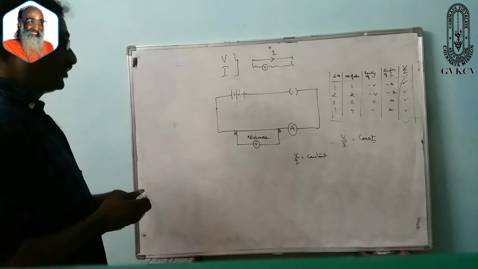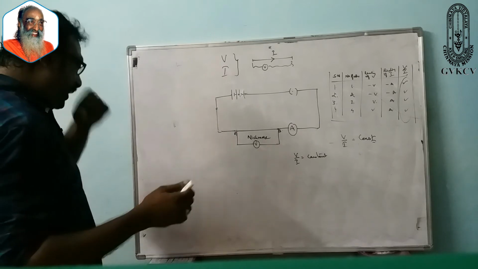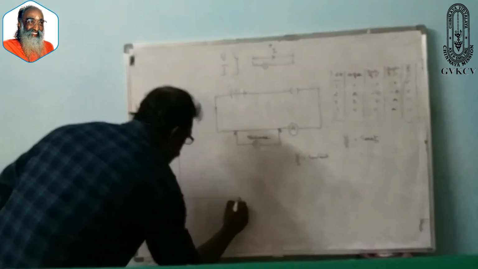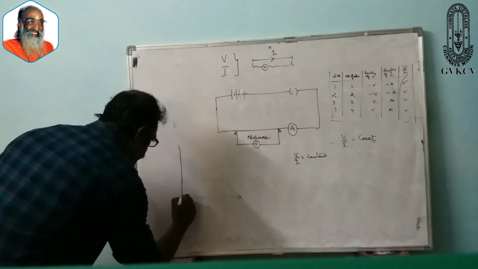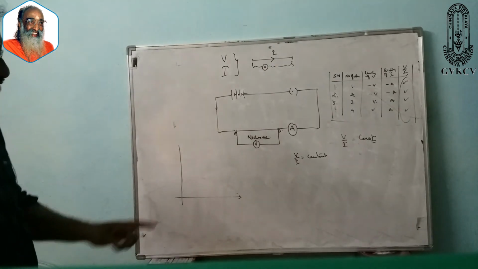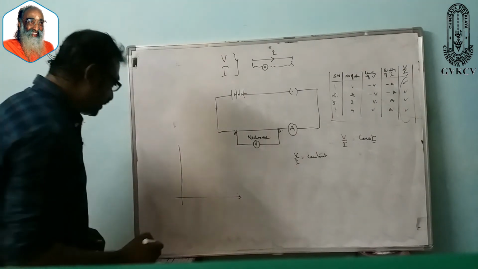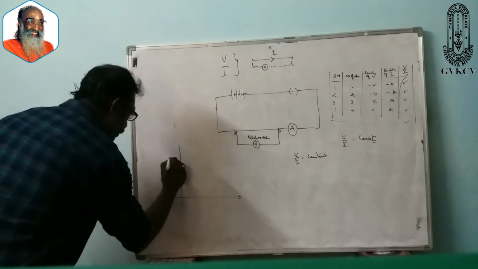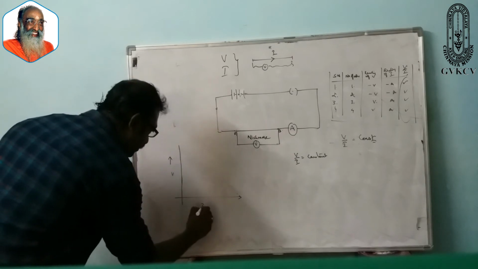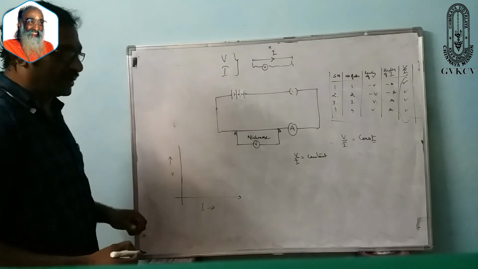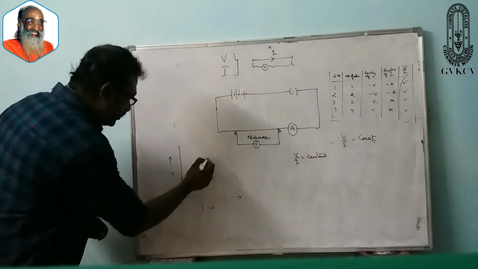Now if we take the graph of V and I values for this nichrome wire, with V taken on the y-axis and I taken on the x-axis, we get a linear, straight line graph which passes through the origin.